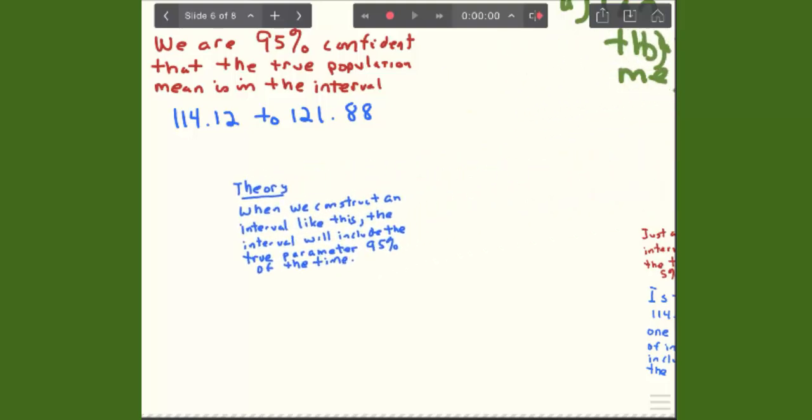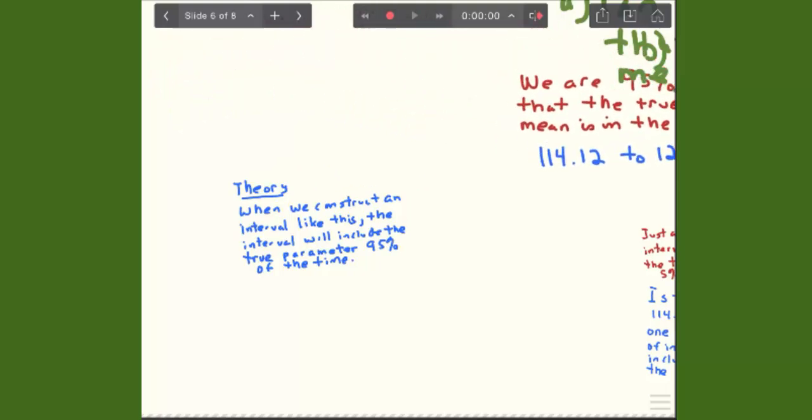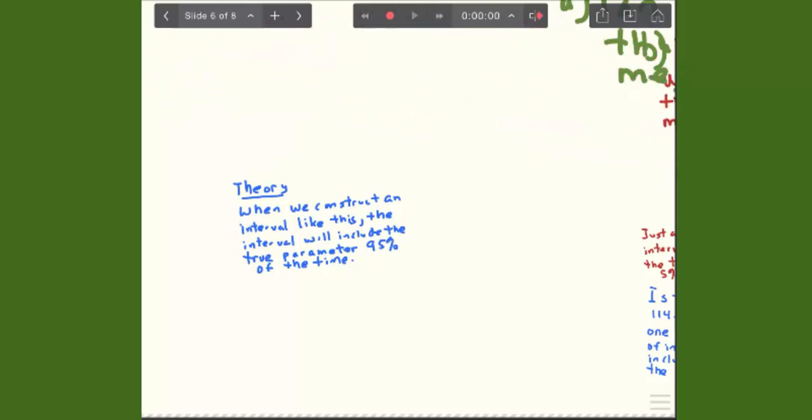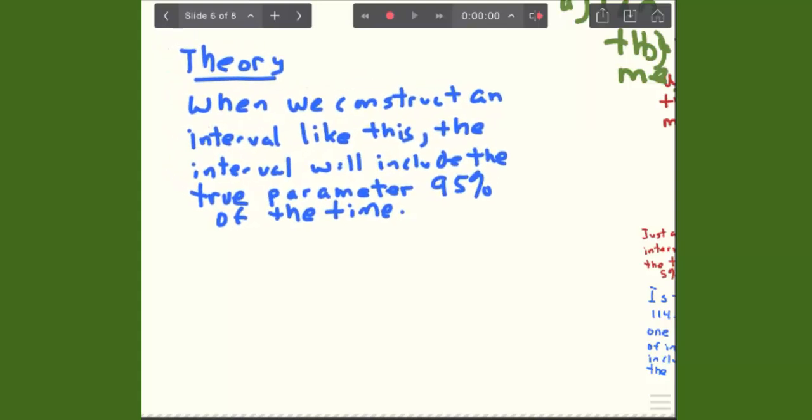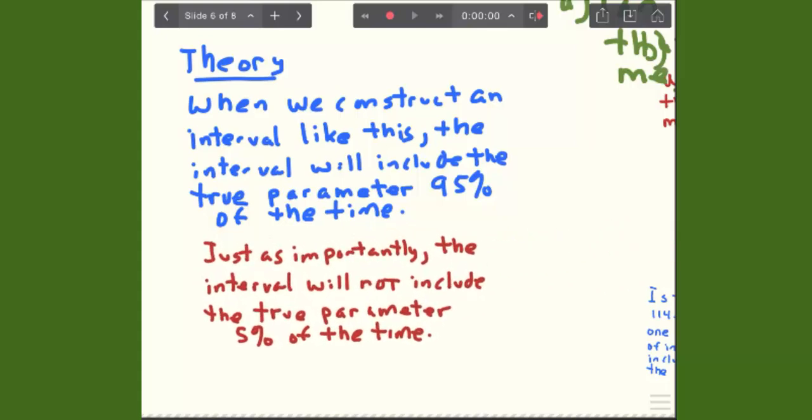Okay, so I'm going to go just a little bit more theory on you here. When we construct an interval like this, the interval will include the true parameter, in this case the population mean, 95% of the time. Just as importantly, the interval will not include the true parameter 5% of the time.